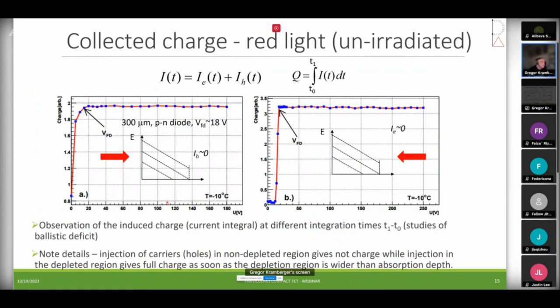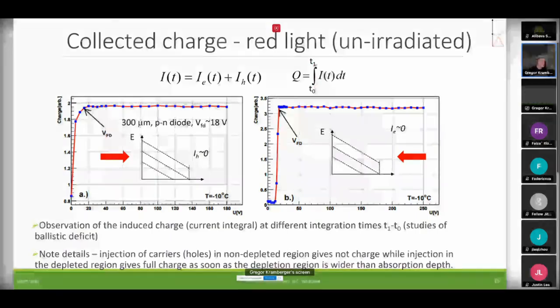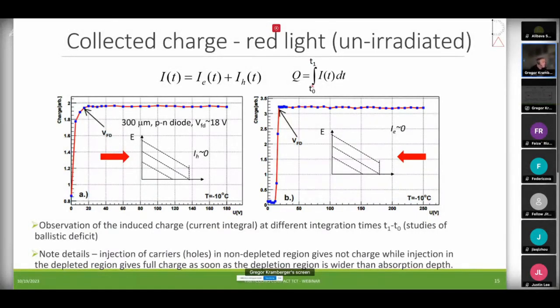What people mostly use the particle detectors for is to integrate the charge. Of course, if you have the current, there's no big deal. It's not a big secret that you get the charge collected by such a device by integrating the current. And the nice thing is that if you do the analysis offline, you can change this integration time window, and you can explore things like ballistic deficits.